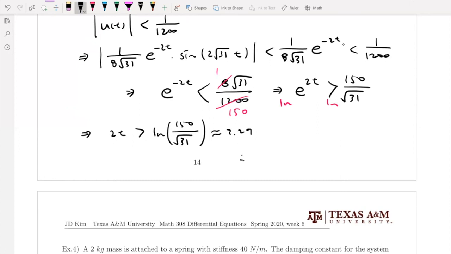So your t must be bigger than 1.645 seconds. So your tau, which satisfies this inequality, must be bigger than 1.645 seconds.